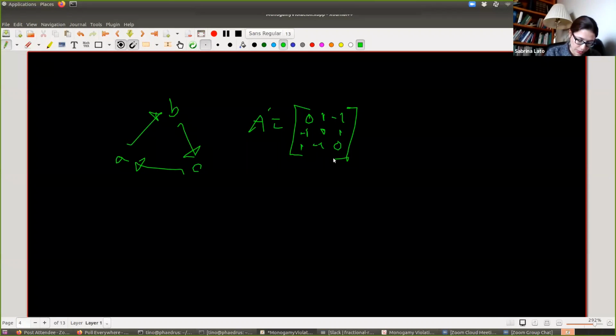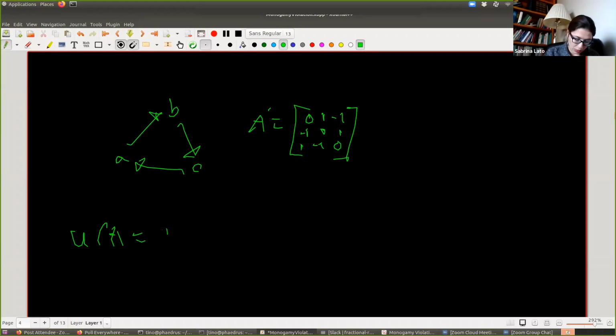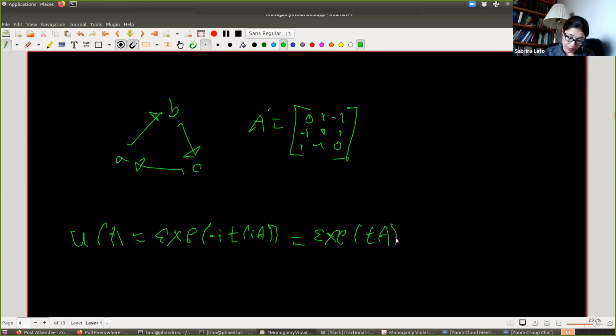So we define the quantum walk U of t to be the exponential of minus i t times the Hermitian iA, which just simplifies to be the exponential of tA.